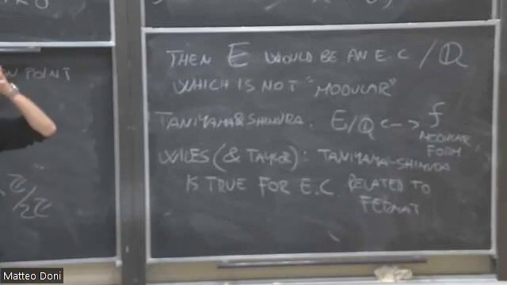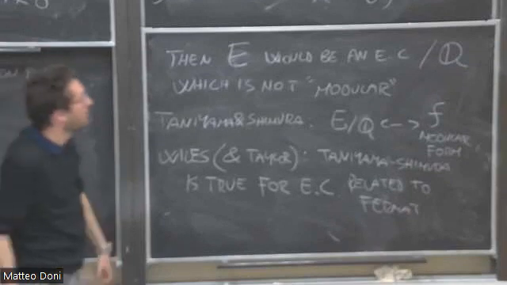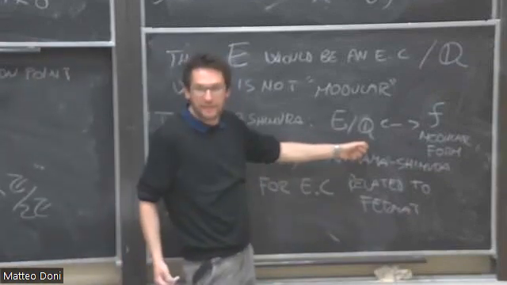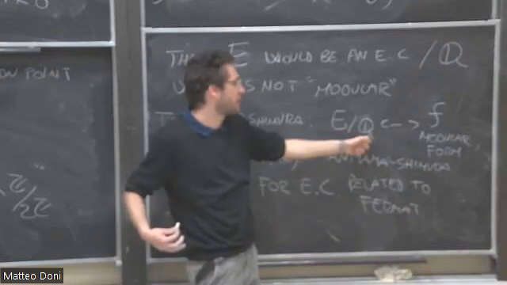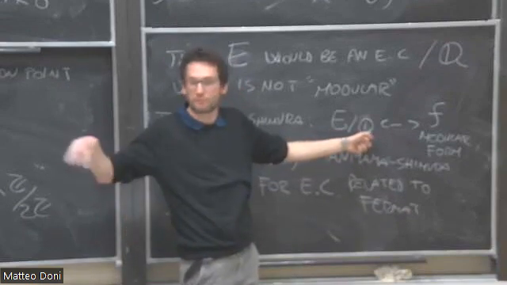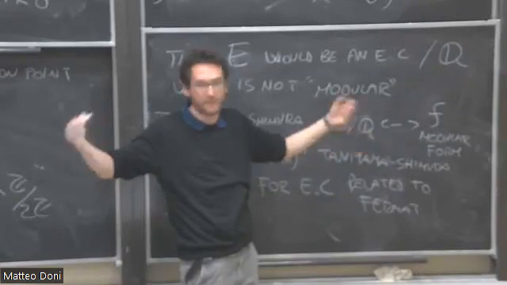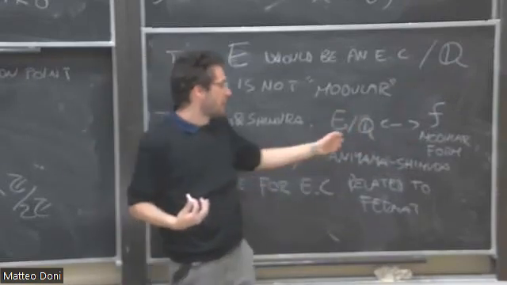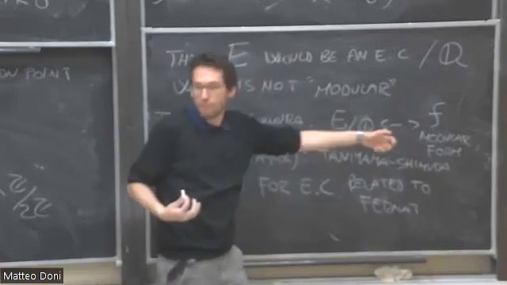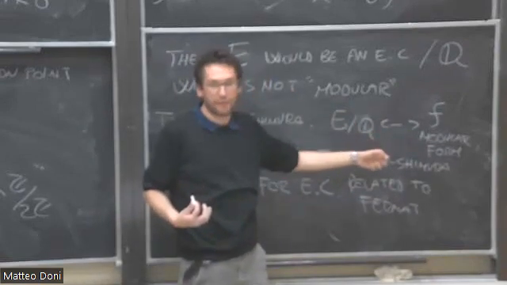And now what people are trying to do is, for example, because here we just take Q, but nobody forbids you to take, for example, Q of square root of 2, Q of i, other number fields. And people are trying to say, can I obtain a Taniyama-Shimura over these different fields?